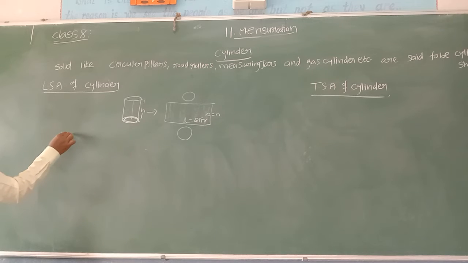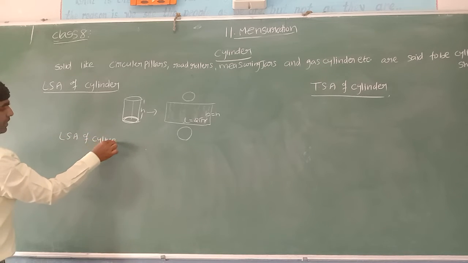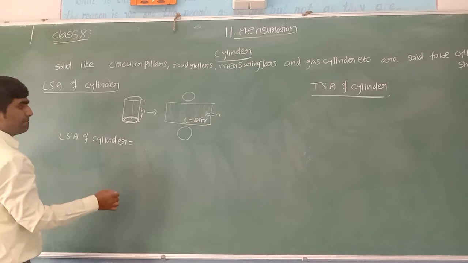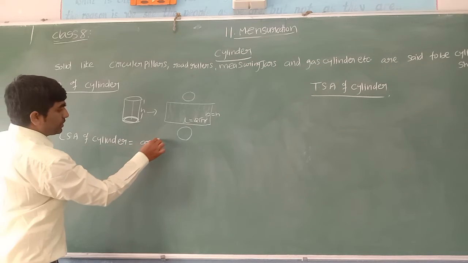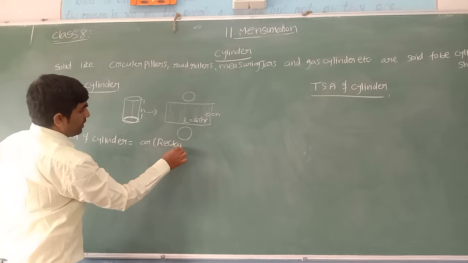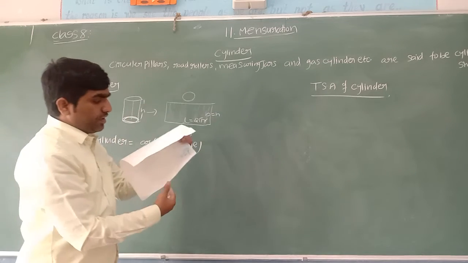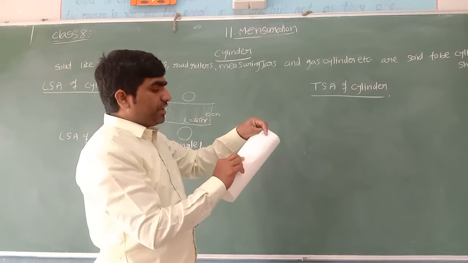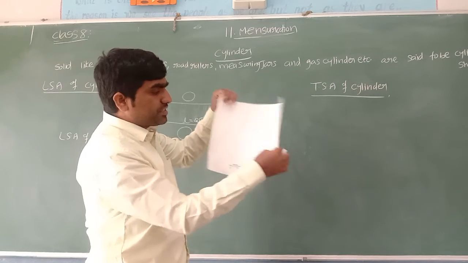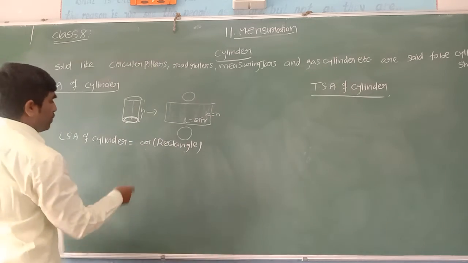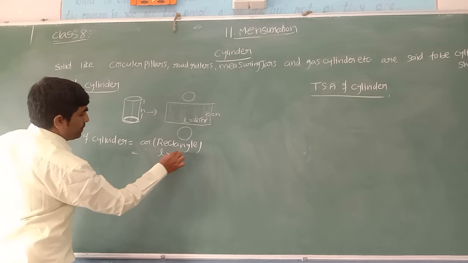So here we can write LSA of cylinder is equal to area of rectangle. Both are equal, because when I open this curved face from the cylinder, I get a rectangle. The formula is length into breadth.